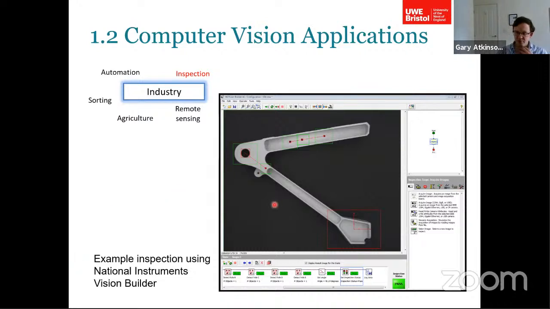So this is a rib component from an aircraft wing, and you can see it's found various holes on it, and it's been able to identify this angle here and other things like that. And it took me about 20-25 minutes, let's say, to put this script together, because these well-established techniques can be applied very well to many industrial applications.